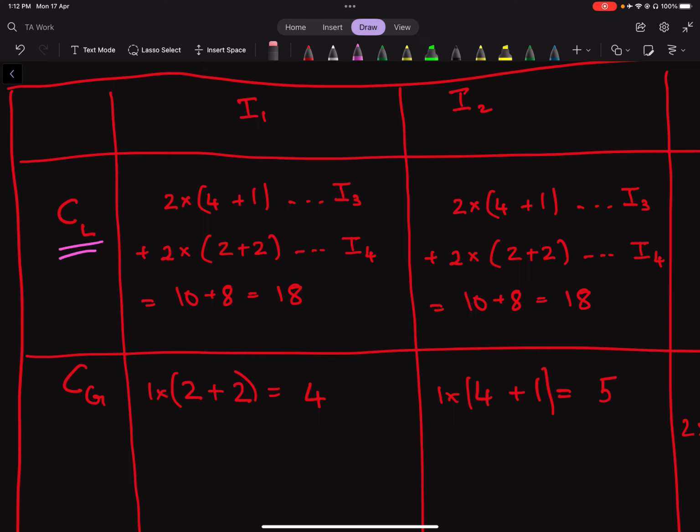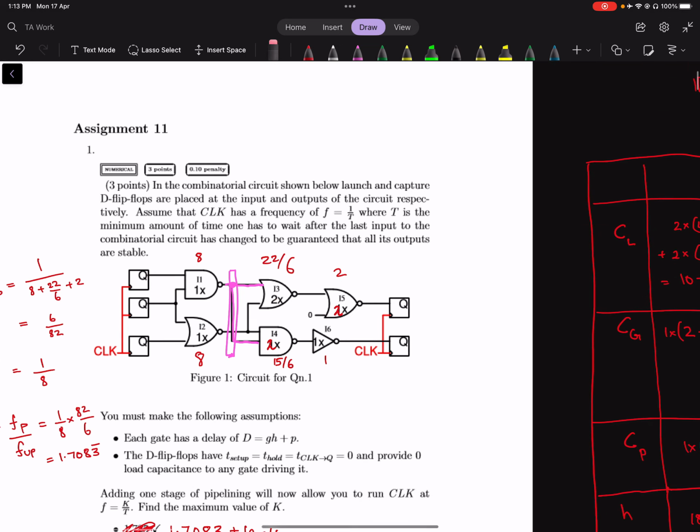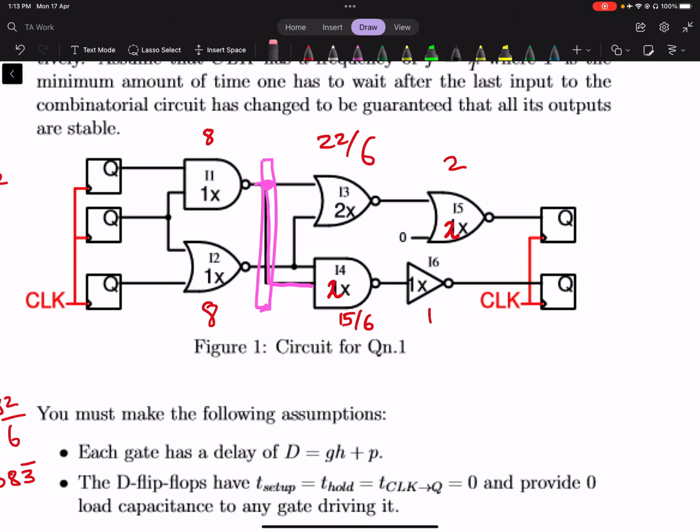That is, what is the load capacitance in terms of transistor gate width seen by I1. So overall you will get 18. 18 is the load capacitance seen by the logic gate I1 just from the connectivity of the circuit.